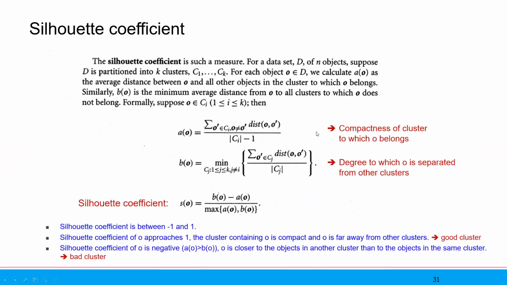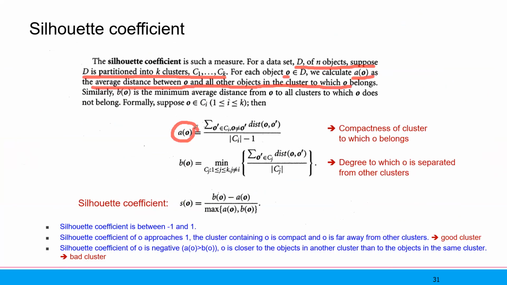The silhouette coefficient. The idea of the silhouette coefficient is to check based on the distance. If we have a data set D, suppose D is partitioned into K clusters. So for every data O, we calculate A(O) as the average distance between O and all other objects in the cluster which O belongs to.